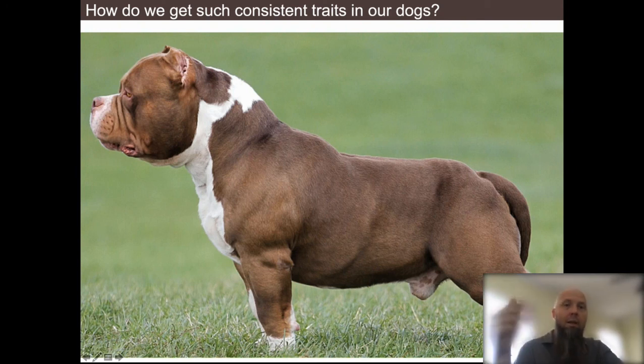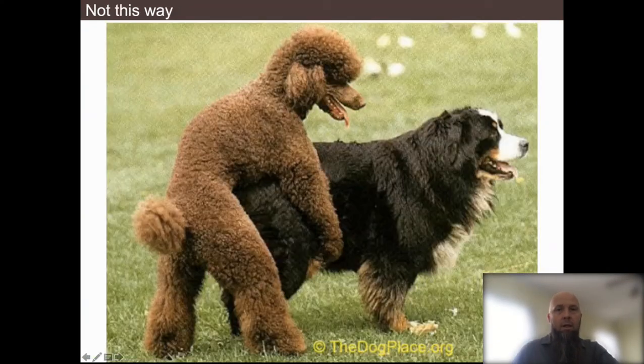And the only way that we dog breeders are able to maintain these consistent phenotypic traits is through preventing the mixing of individuals that would cause their offspring to share the traits of these mixed parents, right? So that's why for folks that are really into purebred dogs, they are very careful about making sure that their poodles breed with poodles.